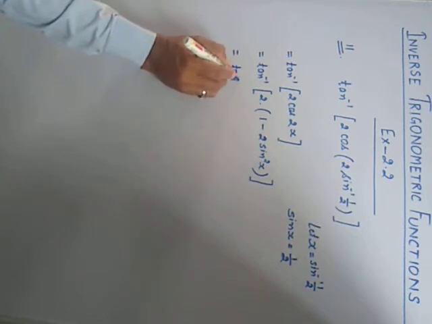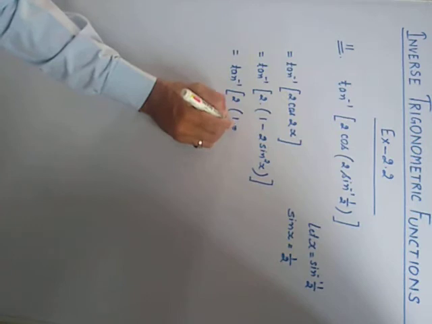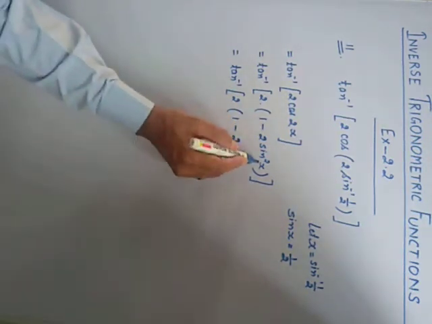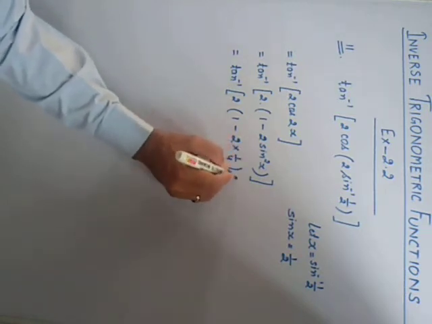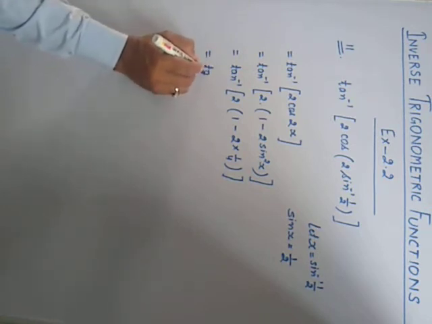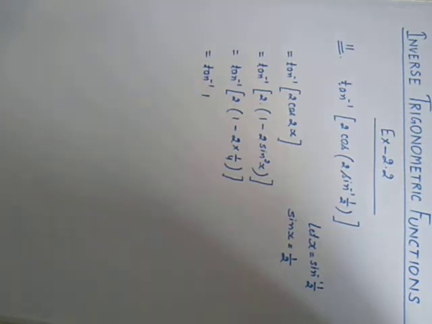So tan inverse 2 as it is, sin x is 1 by 2, so sin square x will be 1 by 4. And if we solve it inside the bracket, we will get tan inverse 1.